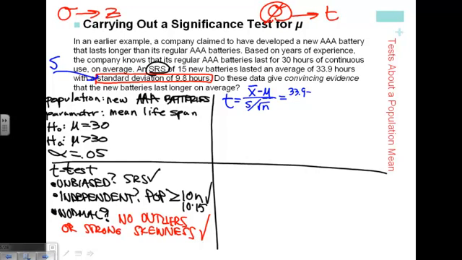Sometimes that mu is referred to as mu naught. Do we know what S is? 9.8. And the square root of n, and n is 15. We also have to declare how many degrees of freedom we are working with. 14 degrees of freedom. So there we go.